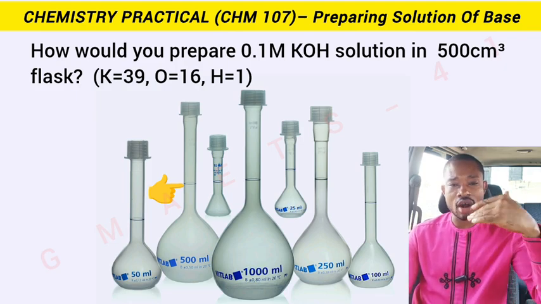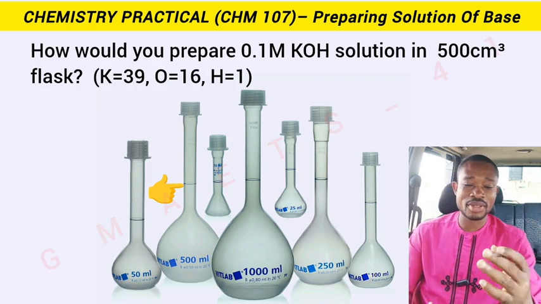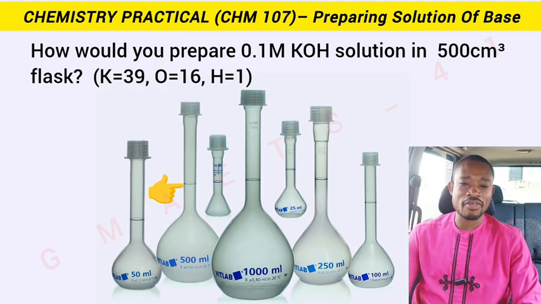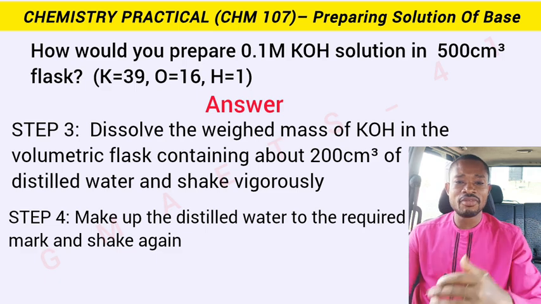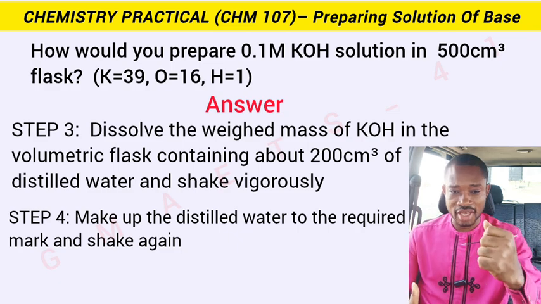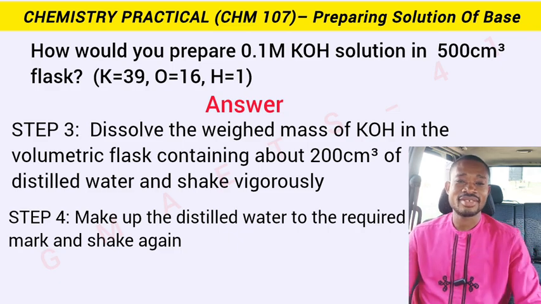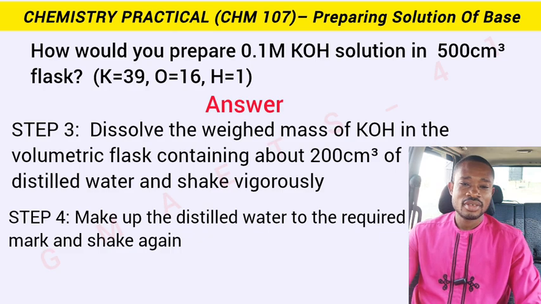So you have to make up the distilled water from about 200 cubic centimeter to the required mark of 500 cubic centimeter. When you do, shake again, shake vigorously. And with this, you have prepared a 0.1 molar solution of potassium hydroxide.